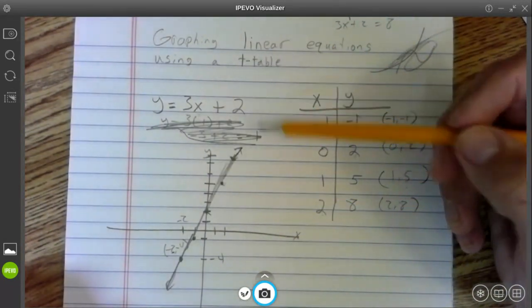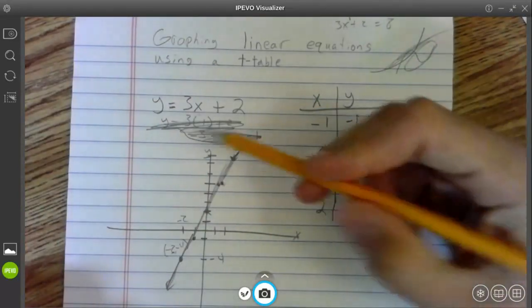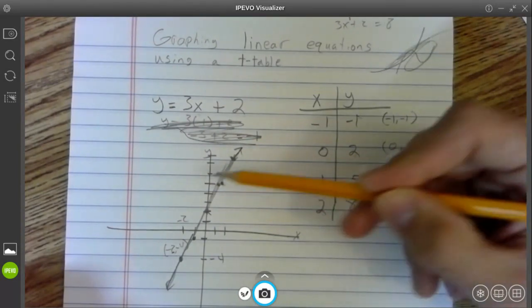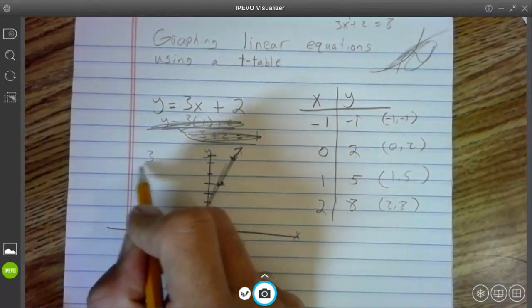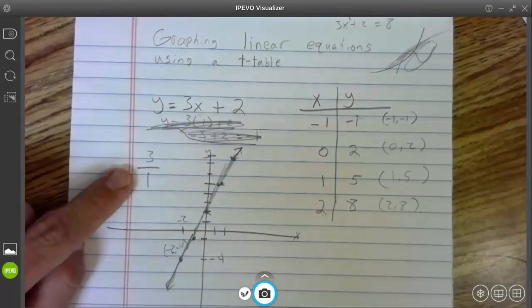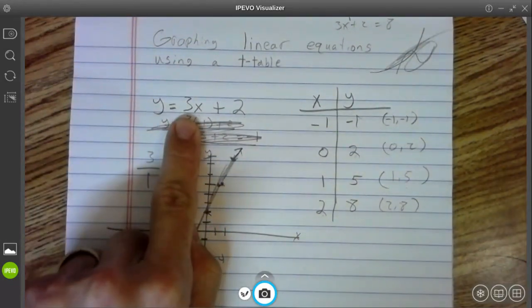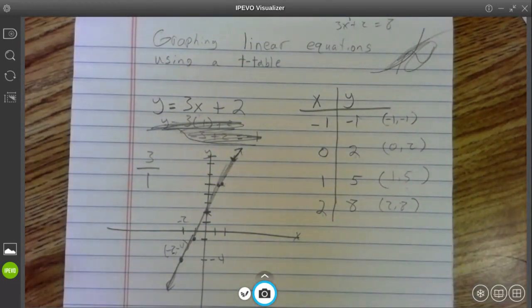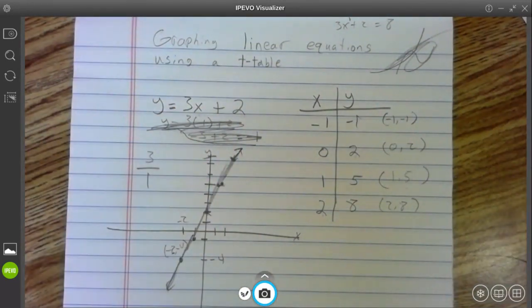Yeah, I think that's supposed to be closer to that spot right there. 1, 2, 3 units up and 1 unit over. So it's 3 up and 1 over, and that's the slope of this line. Notice that that's that number connected to the x there. That will always be the case. This is in slope-intercept form, which we'll talk about in the next video.